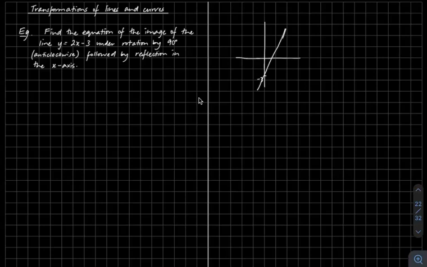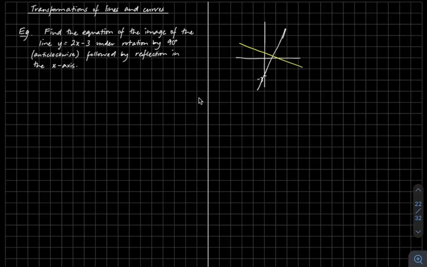Let me grab a colour here. So I reckon it's going to look something like that there. Let's try that again, just make it go through. So I reckon maybe something like that, when the whole thing's been rotated 90 degrees anti-clockwise, and then we want to reflect it in the x-axis.